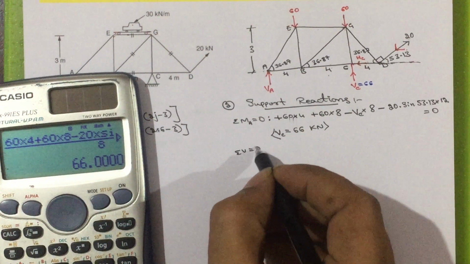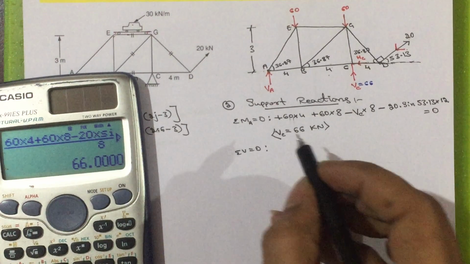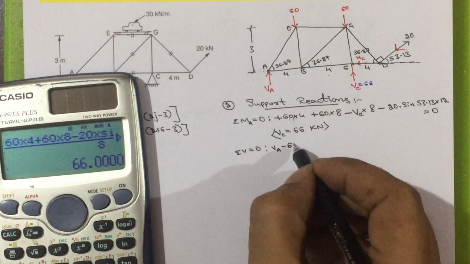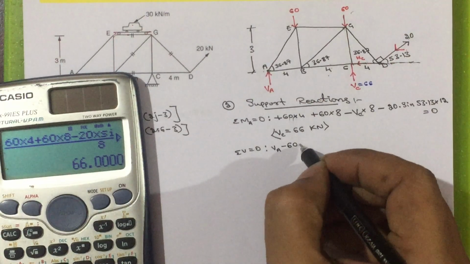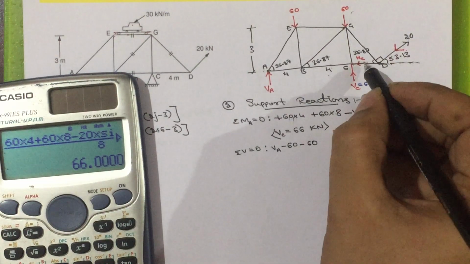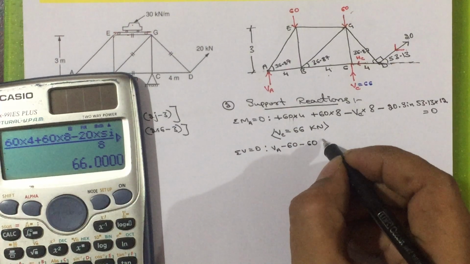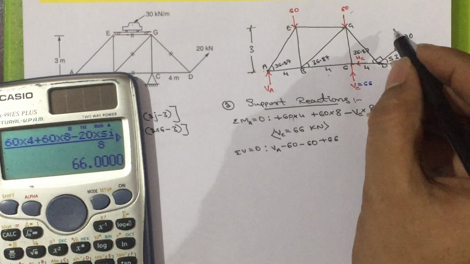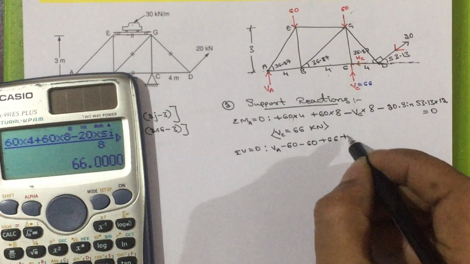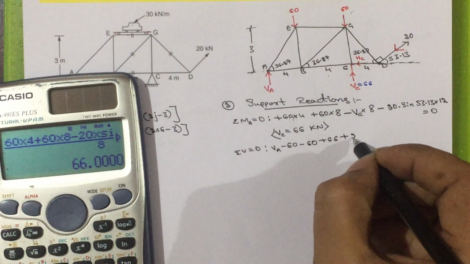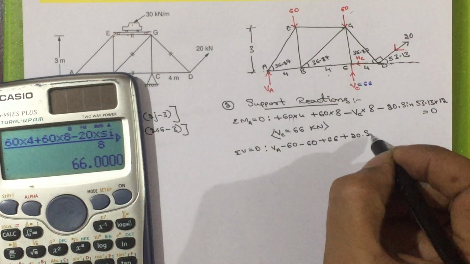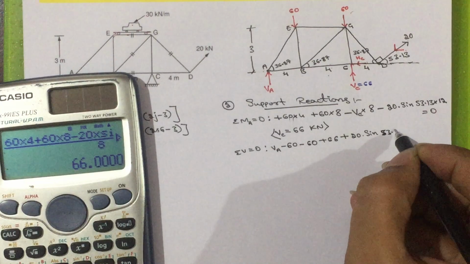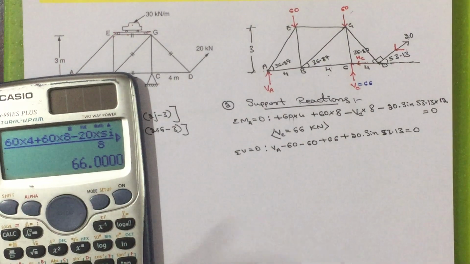Summation of V is equal to 0. Only the vertical forces. So plus Va, then minus 60, then minus 60, then the horizontal one, leave it, then plus 66, then here the horizontal component leave it, the vertical component is going upward, plus the component is F sin theta, that is 20 into sine of 53.13, that should be equal to 0.